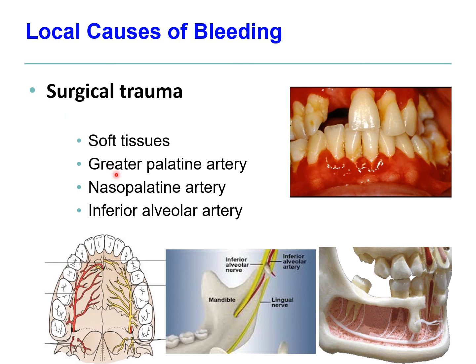If there is injury to named blood vessels in the oral cavity, particularly the greater palatine artery, which accompanies the greater palatine nerve, the nasopalatine artery, which accompanies the incisive branches of the maxillary nerve, and the inferior alveolar artery, which accompanies the inferior alveolar nerve into the mandibular canal, when undertaking particularly surgical extractions, for example, or performing bone surgery.